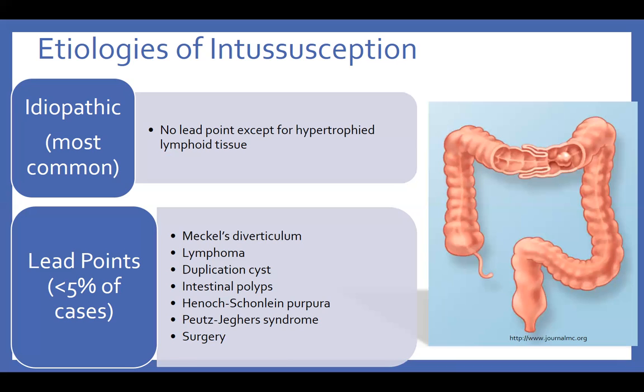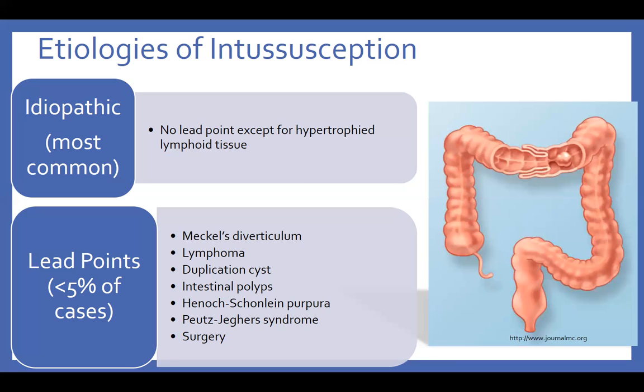Some of the lead points can be Meckel's diverticulum, lymphoma, duplication cysts, intestinal polyps, Henoch-Schönlein purpura, Peutz-Jeghers syndrome, or even a patient who had surgery. With Henoch-Schönlein purpura, if you are not very well aware of it, you probably run into it in some of the requisitions given to us by referring physicians.